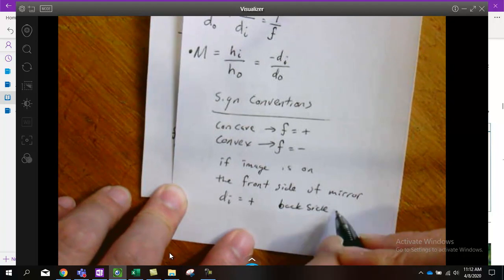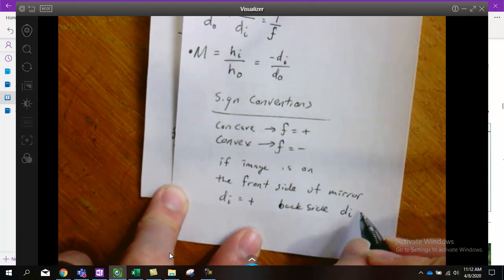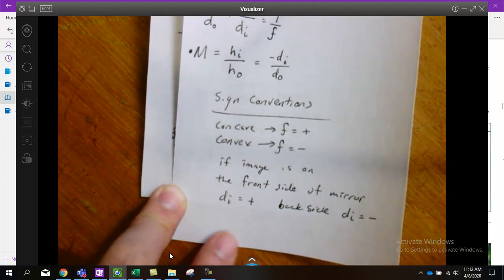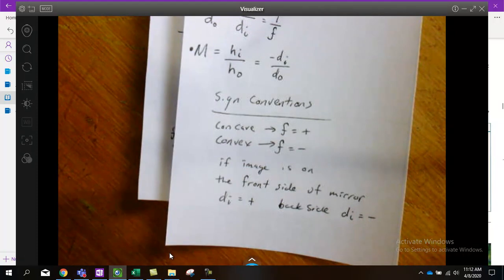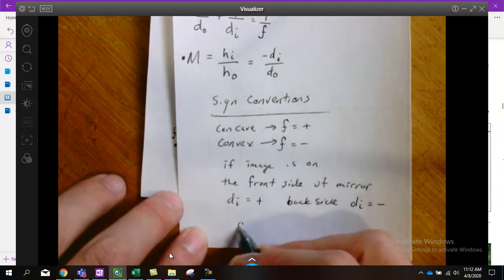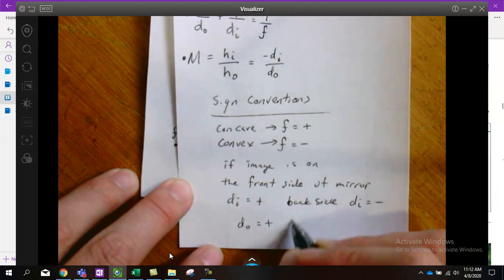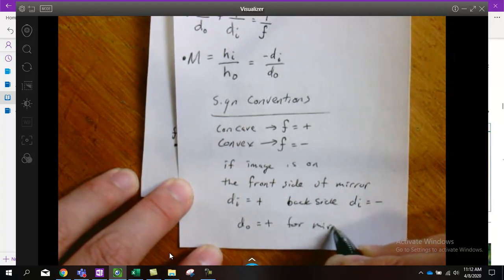Backside or behind, di will be negative. And distance to the object is always going to be positive. So do will be positive for mirrors.